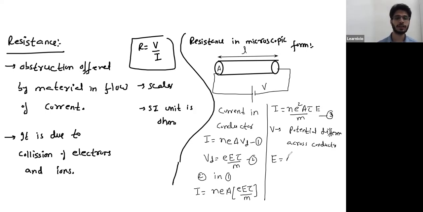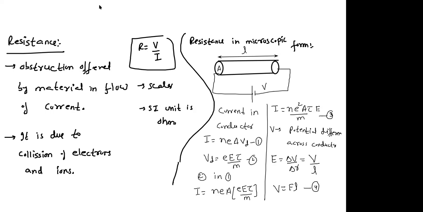Electric field is delta V over delta r. Remember, we have used this even in capacitors. Electric field is potential difference by separation. Here potential difference is V and separation is L. So you can write V as EL. This is equation number 4. Just note it down.